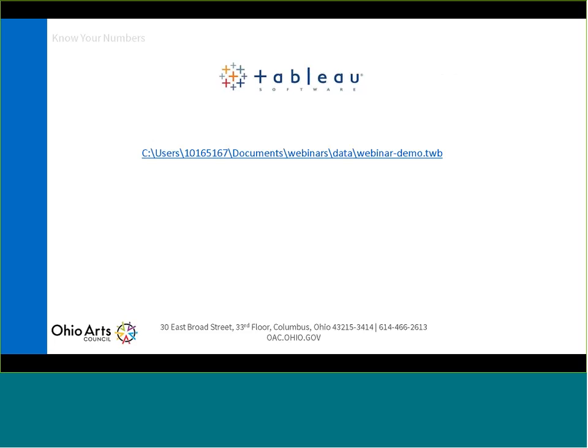So at this point, I'm going to exit PowerPoint again and take you directly to my Tableau workbook for this webinar. The examples I'll be using are designed to be easy to understand. The one thing you might want to take away from this is that no matter how clean you think your data is, there's usually something in the data that will mess up a calculation or a visualization.